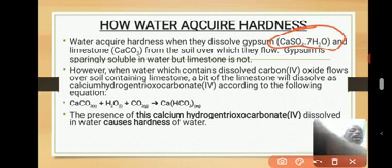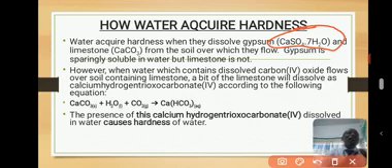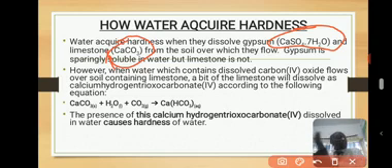So if the water flows on soil that contains gypsum, or it flows on soil that contains limestone, remember that limestone also contains calcium, this water can dissolve the gypsum, that is acquire the calcium ion, or dissolve the limestone from the soil over which they are flowing.